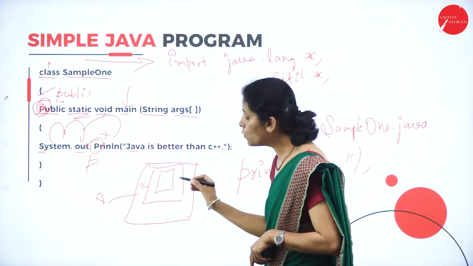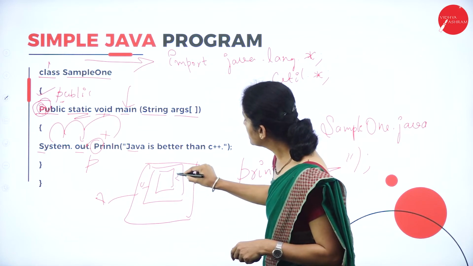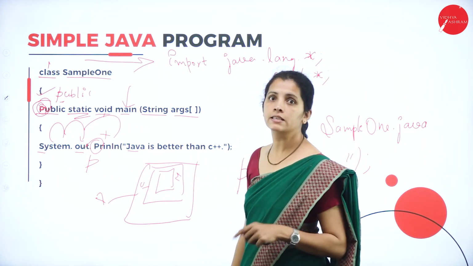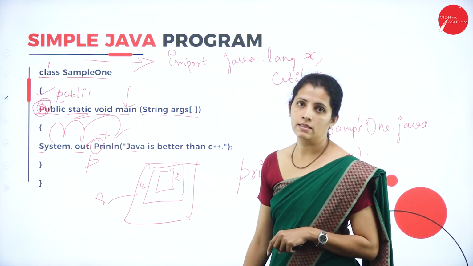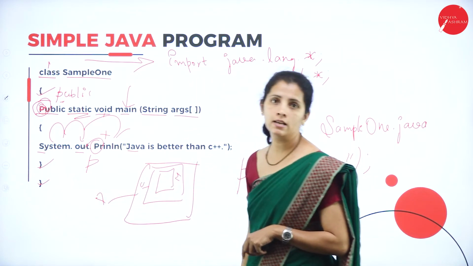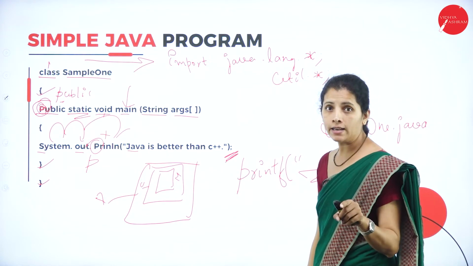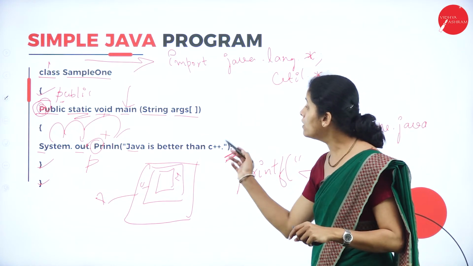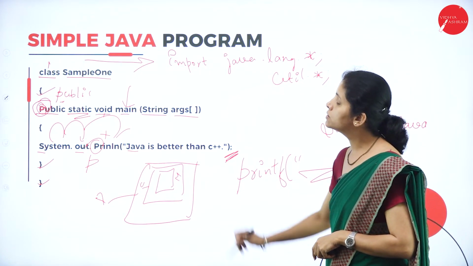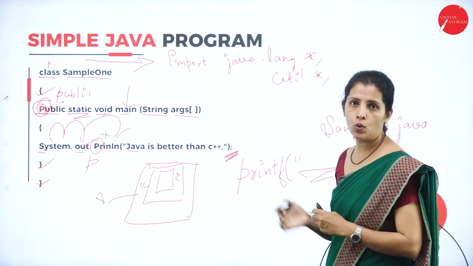Inside that, I have another bag, that is the method. So I have a package, in that I have a class, in that I have methods. And close the curly brace and close the curly brace. And dear student, please remember that to indicate the end of the line, I specify a semicolon. So this is my first simple Java program.